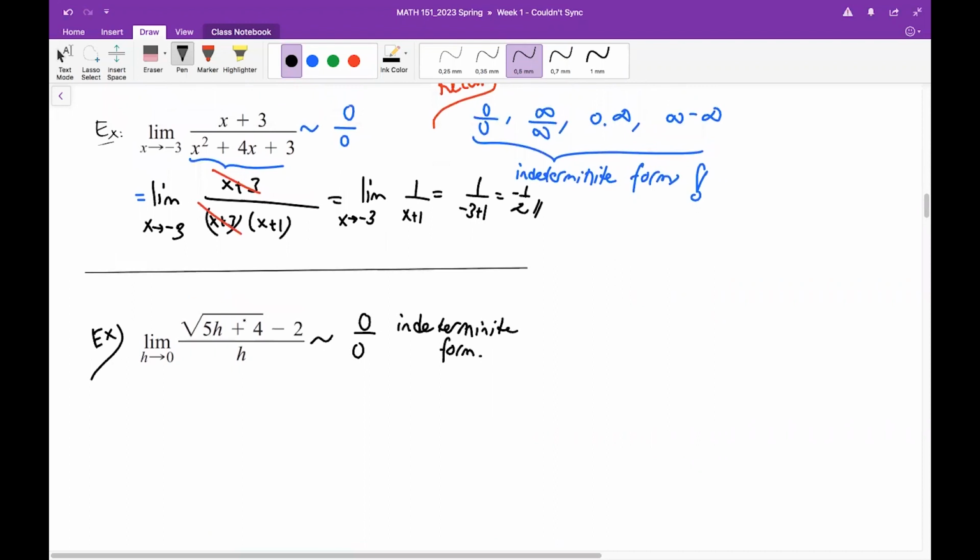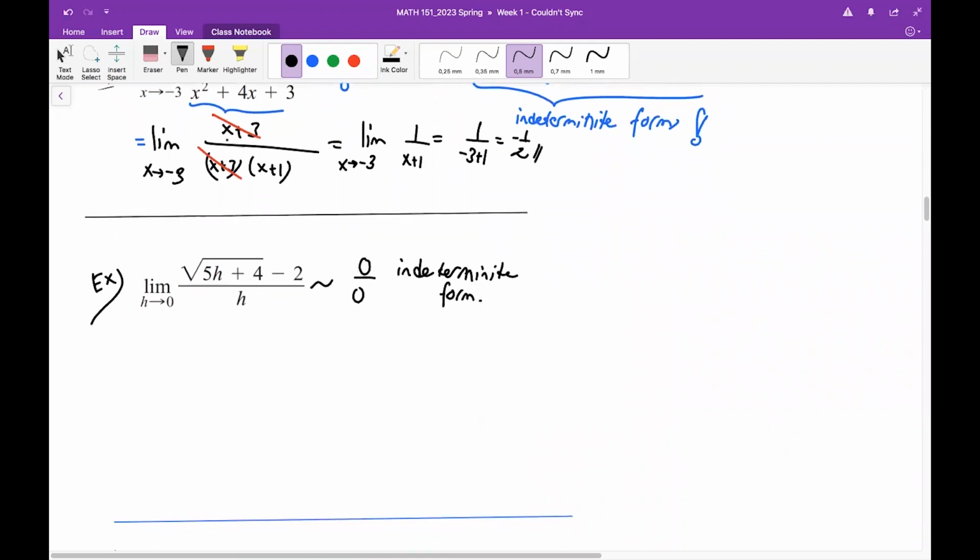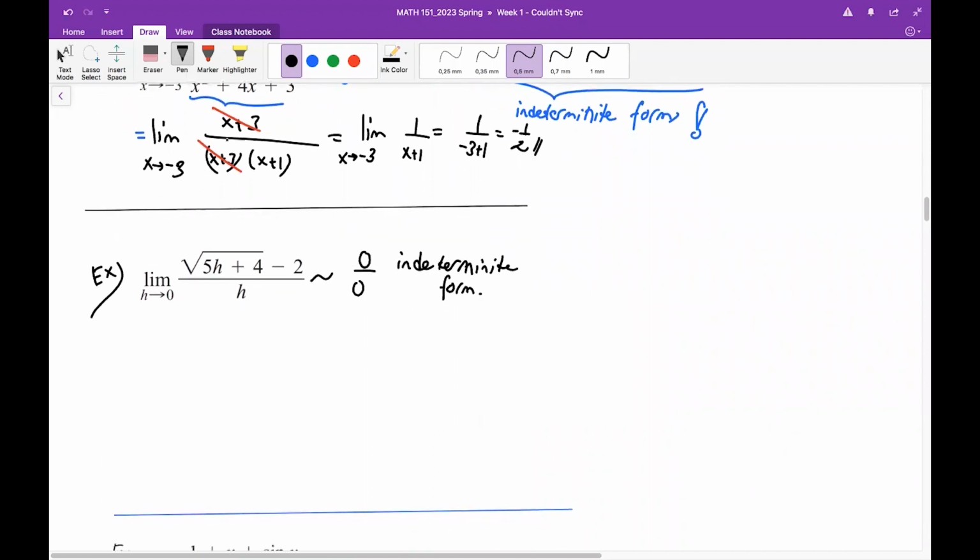And there is no decomposition here as we had in the previous example. Instead, we will use another way, which I call multiplying and dividing by the conjugate of that expression. What do I mean? Okay, let me rewrite the question.